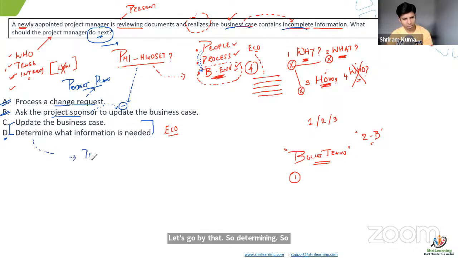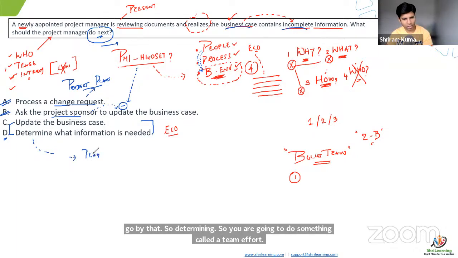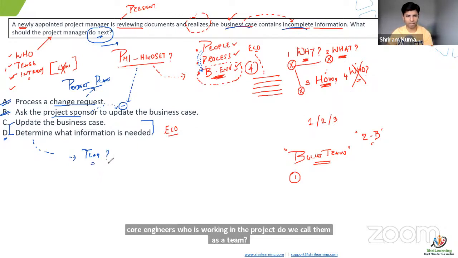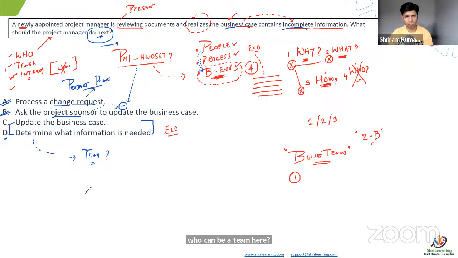Now, when I say team effort, should I involve the core engineers who are working in the project? Do we call them a team? Who can be a team here? Basically, it's an open question. Whenever a project is initiated, technically we will form a team from planning or supply chain.